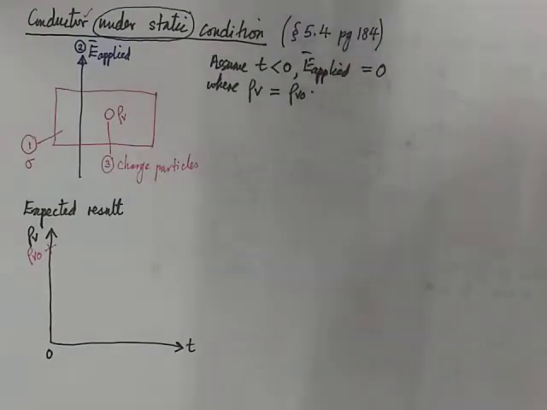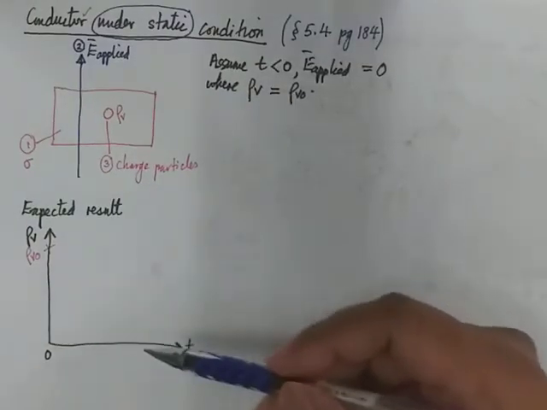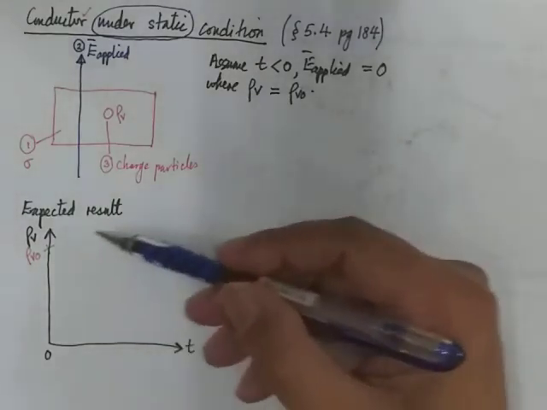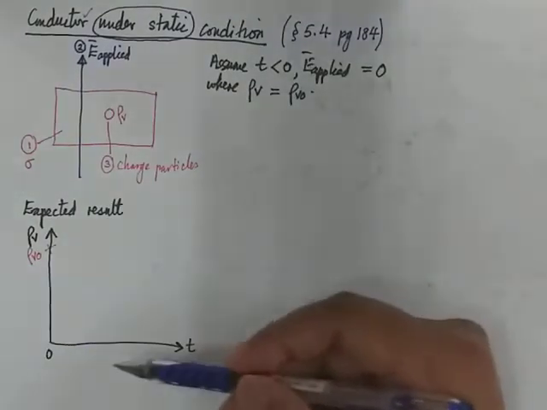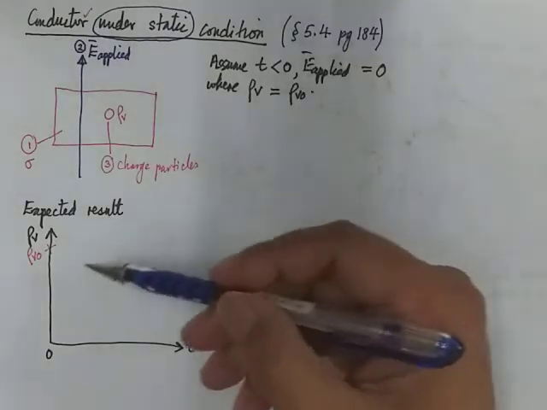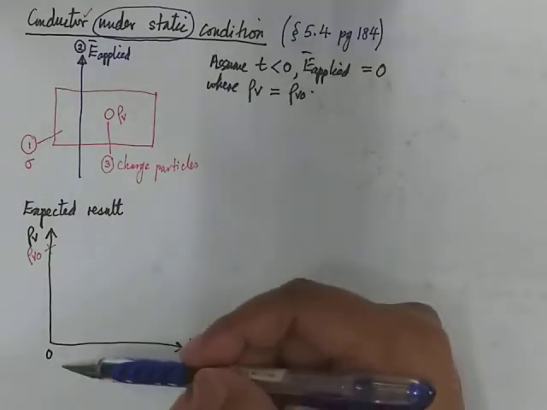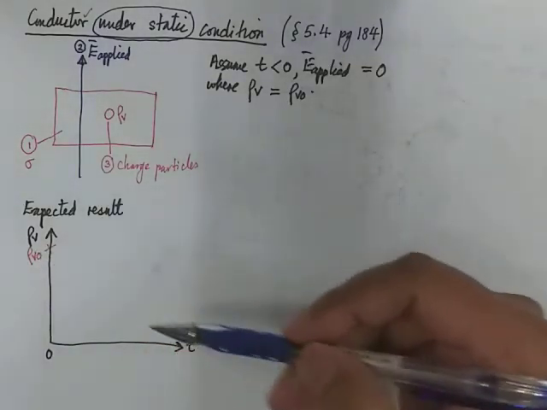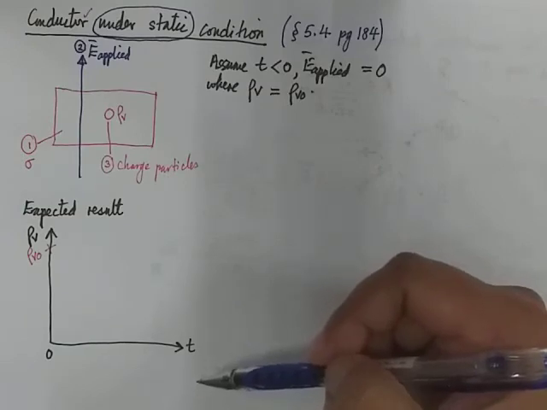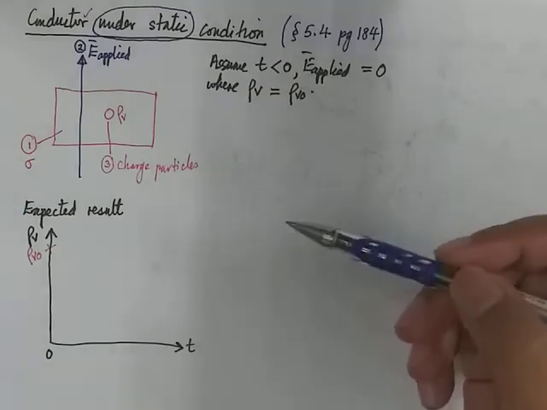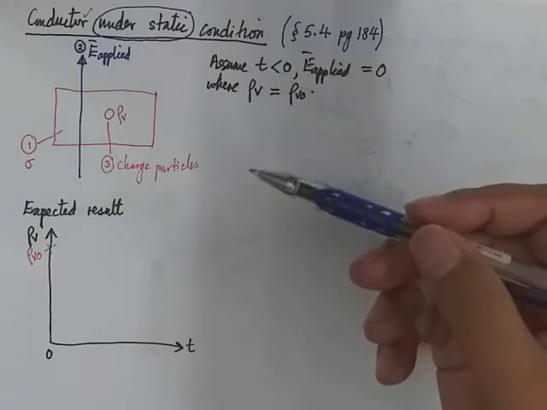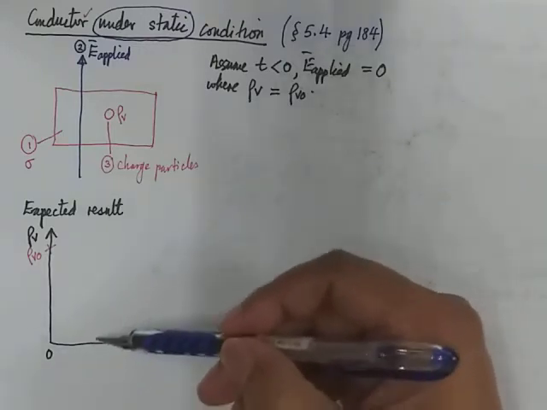Therefore, I must derive an equation having the parameters rho v and time, because I need to plot the graph, and the graph must be based on the equation that contains the parameters rho v and time. So we need to develop that equation. From that equation, we're going to plot the graph. So that's what we're going to do.